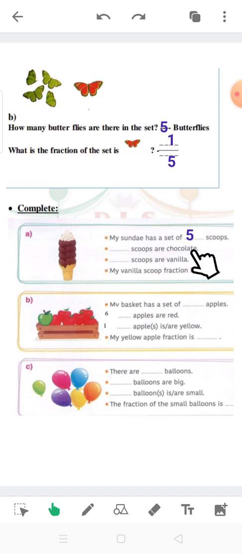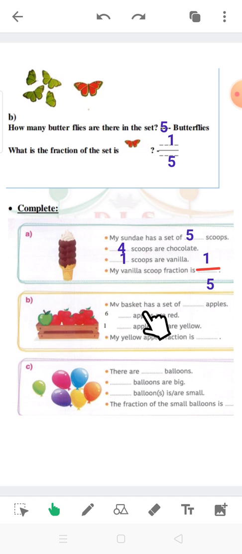How many scoops are chocolate? 1, 2, 3, 4. So we write 4. How many vanilla scoops? Only 1. I need to write my vanilla. Look here, how many? 1. We write it in the top part. All of the parts are 5. We write it in the bottom part.